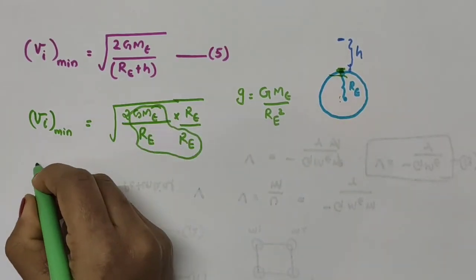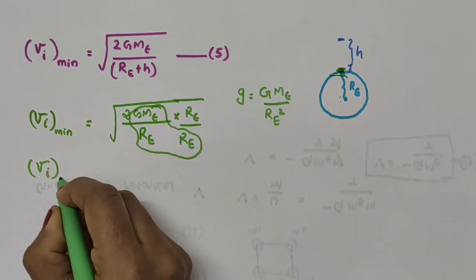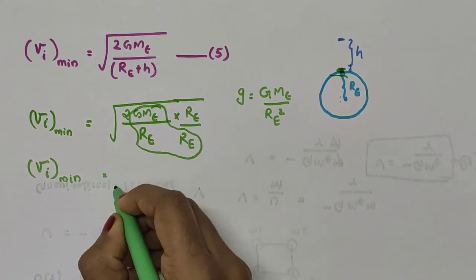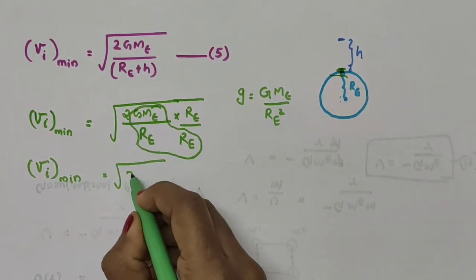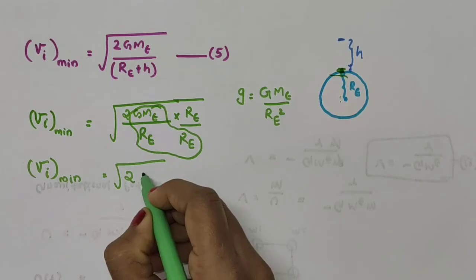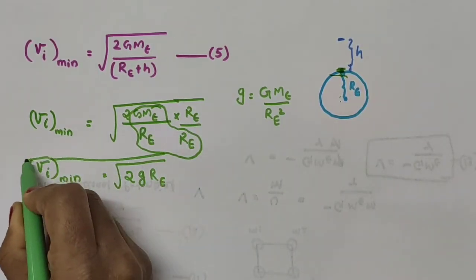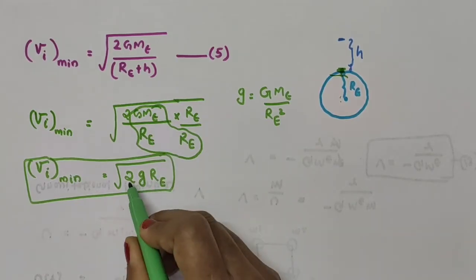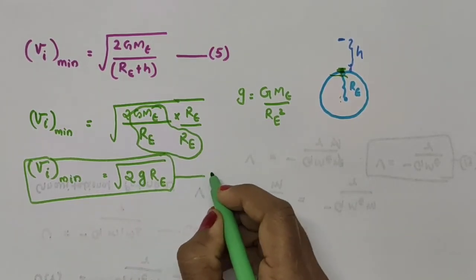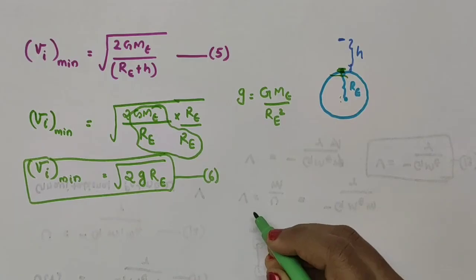So this can be replaced by small letter g. That is vi minimum is equal to square root of 2 into g into Re. So we got vi minimum as root of 2 g Re. I am taking this as equation number 6.